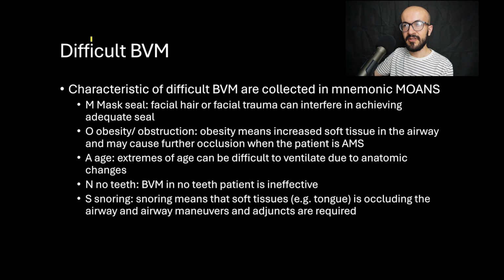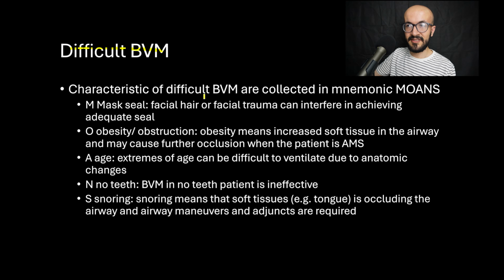Now let's talk about the difficult bag valve mask ventilation. This is very important to remember because once you see these signs, you will have an idea that the patient would need an extraglottic device or endotracheal intubation very fast because the bag valve mask ventilation will not be as effective for these patients.